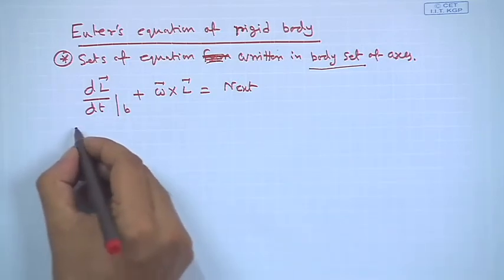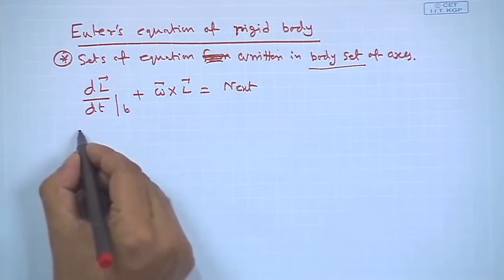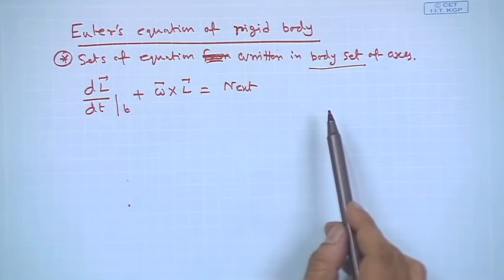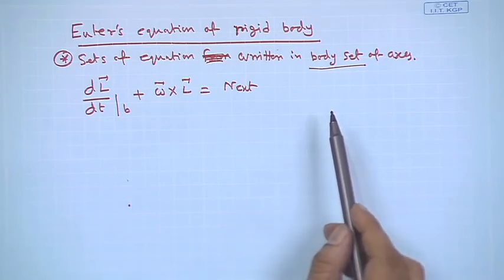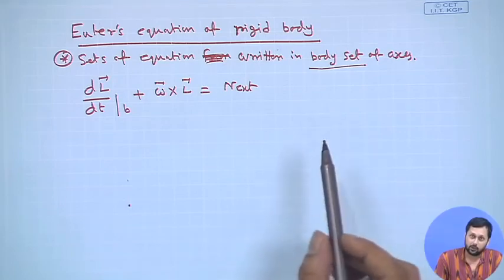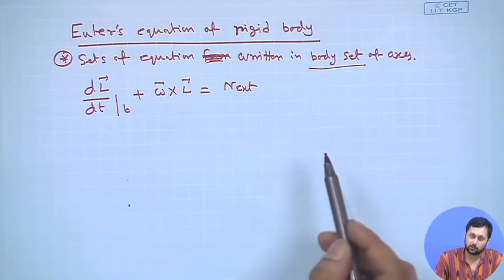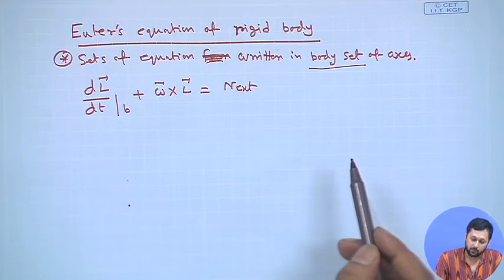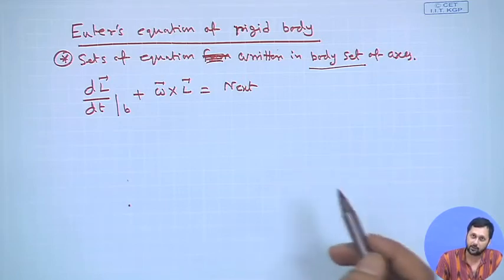Because we are in the body set of axes, and the principal set of axes will also be one of the orientations of the body set of axes, if we write this set of equations in the principal axis system, we will have certain advantage.